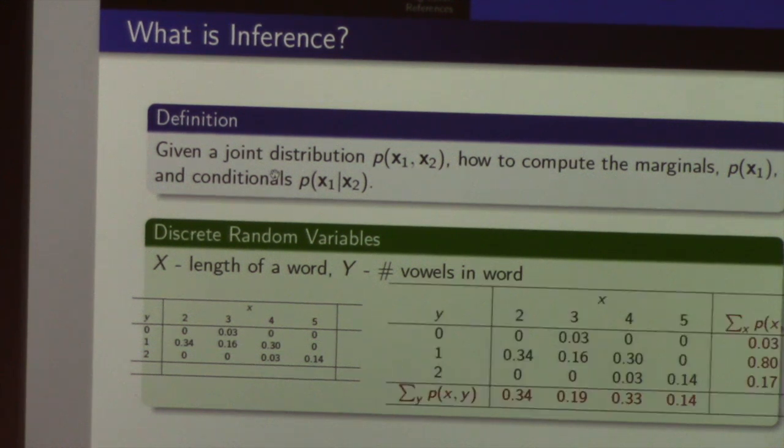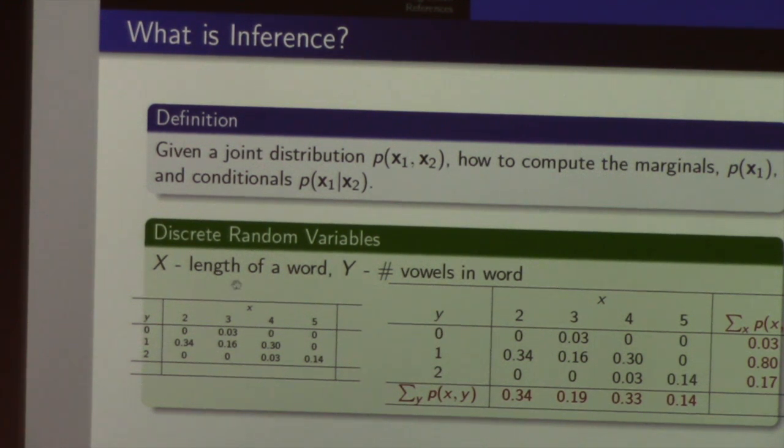So I have an example here. Let's say you have two random variables, in this case x and y. Here we are assuming that they are discrete, which means that both x and y take a finite number of values. In this case, x takes 4 values, 2, 3, 4 or 5, and y takes 3 values, 0, 1 or 2.